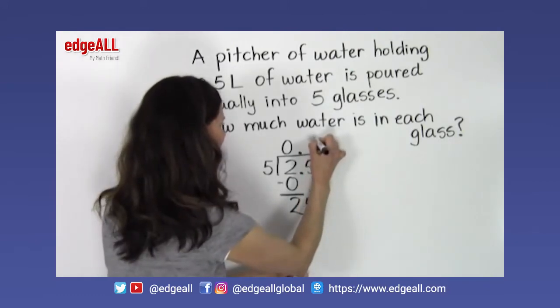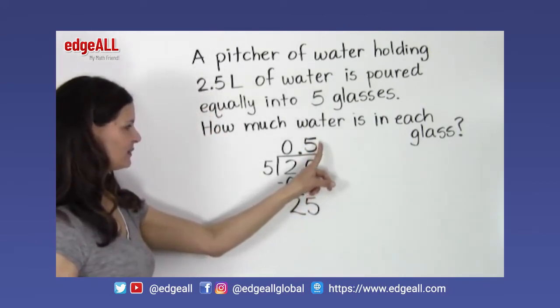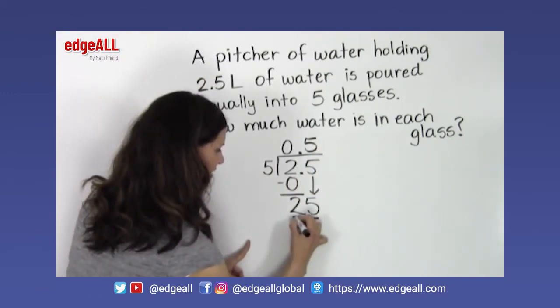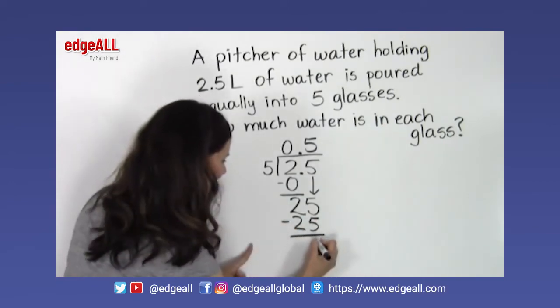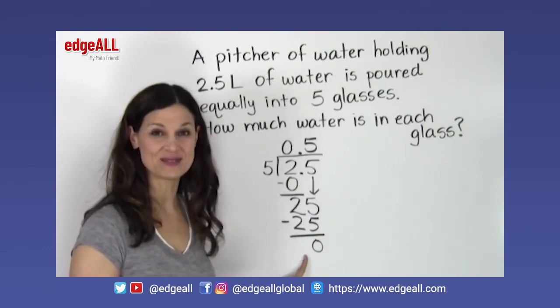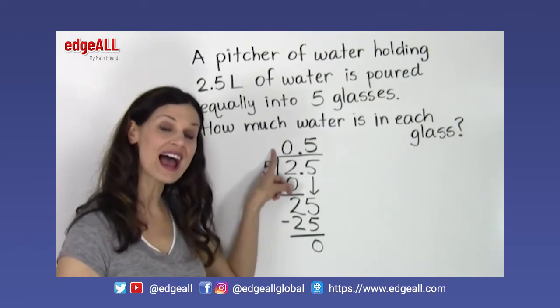And so I place the 5 of that answer right here. And I multiply 5 times 5 equals 25. Place that there. 25 minus 25 equals 0, so I have no remainder, and that tells me that my division problem is finished, and so I have an answer of 0.5.